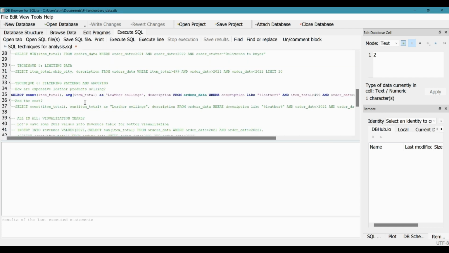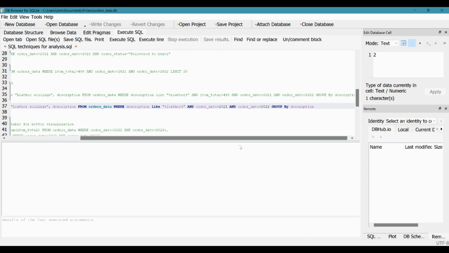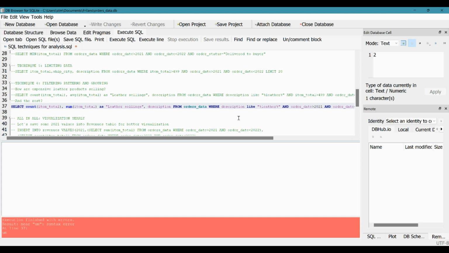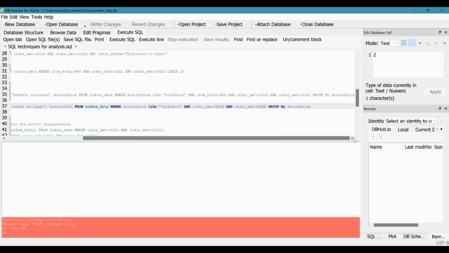So I can open it again, and I can not only count the expensive orders, but also count the other orders where leather is contained in 2021 and group them by description, and also get the item total. This will give me a more complete picture of how many products did sell with leather. Excuse me again because of the syntax. Let's see if I can change this quickly.